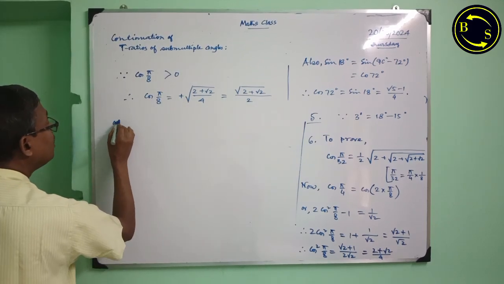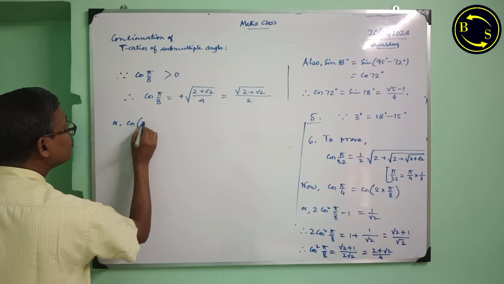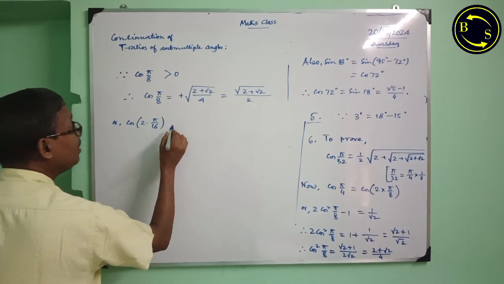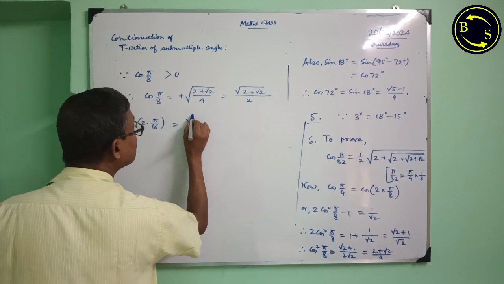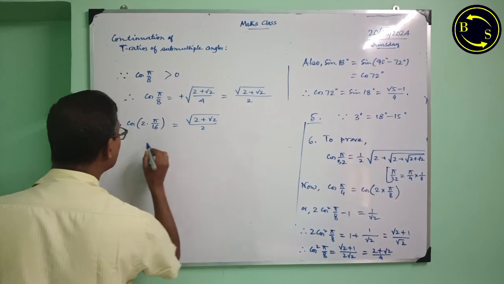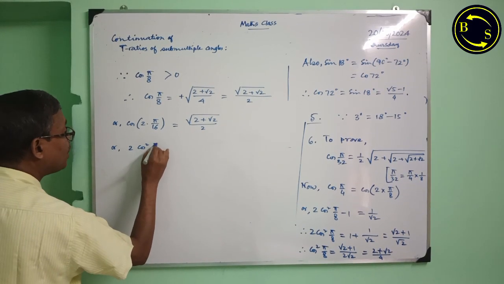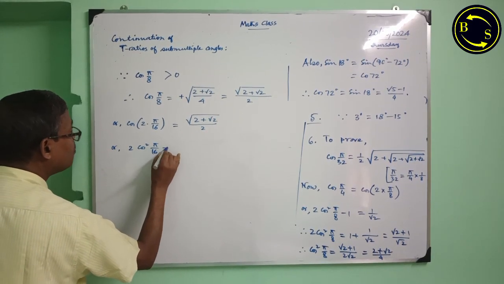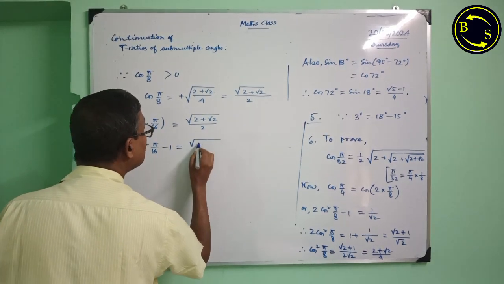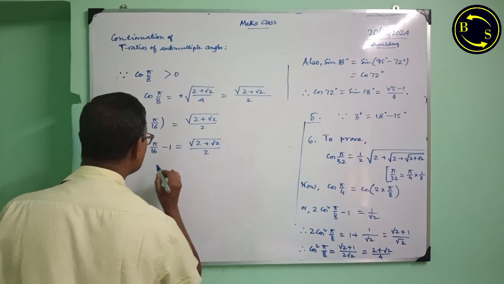Again cos pi by 8 can be written as cos 2 into pi by 16, that is equal to root over 2 plus root 2 by 2, or 2 cos square pi by 16 minus 1 is equal to square root 2 plus root 2 by 2.